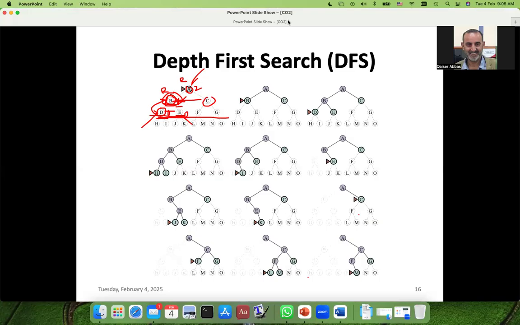So I am calling again RLS with F and 0. Is F a goal? No. Limit is 0? Yes. When limit is 0, return cutoff. So it is giving me the cutoff.